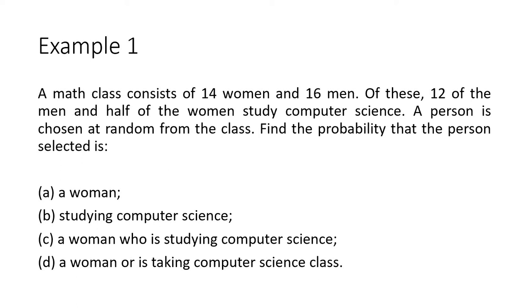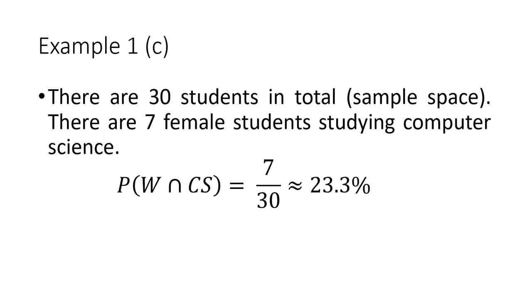In this case, as I told you, we use the notation for intersection. We are interested in the probability that a woman is studying computer science. As you remember, there are 7 students like this. Half of the female students also study computer science. We have 14 female students and half of 14 is 7. That's why we divide this number by the sample space.